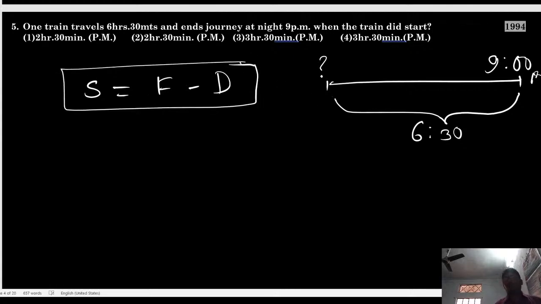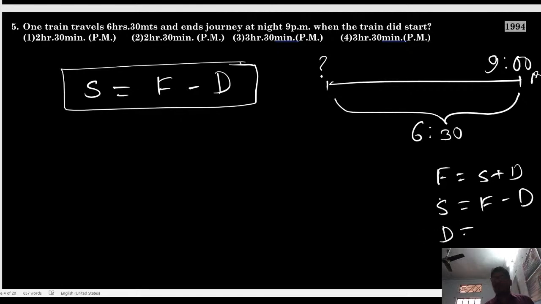This is the formula. Observe, children: to find finishing time, starting time plus duration. Starting time is equal to finishing time minus duration. Duration of activity is equal to finishing time minus starting time.